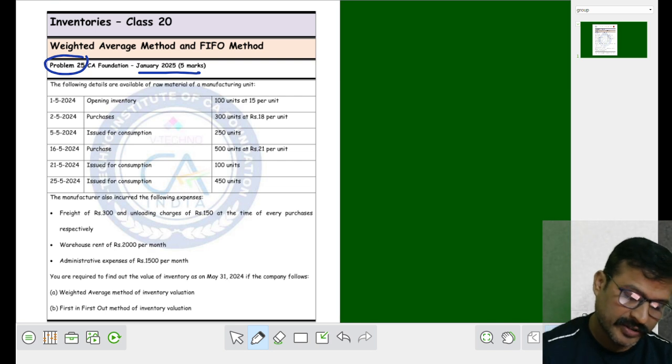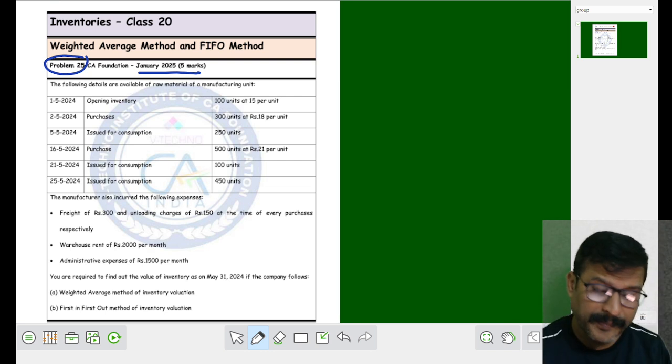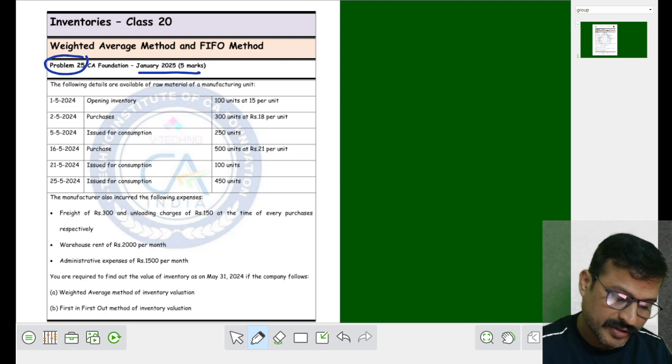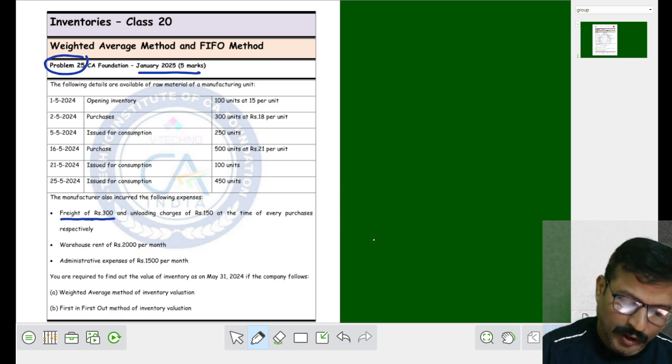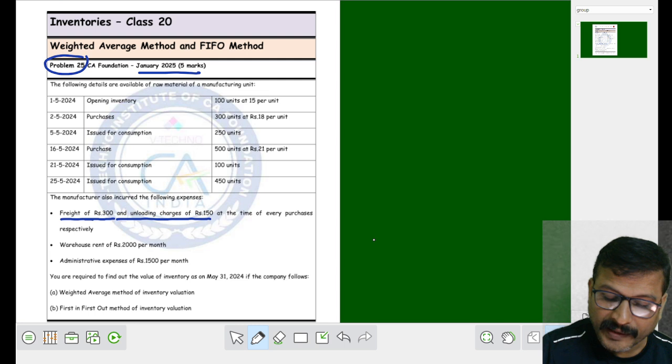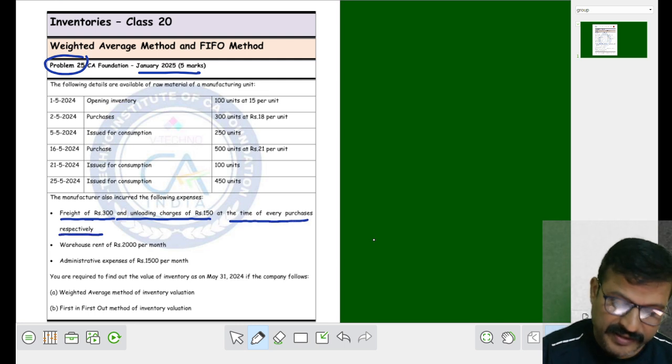We have some transactions. Are you observing? The manufacturer also incurred the following expenses. He incurred freight of 300, unloading charges of 150 at the time of every purchase.